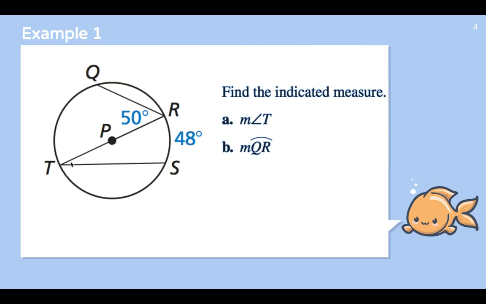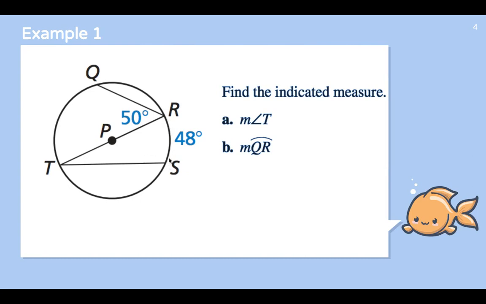Well, where is angle T? Angle T is right here, and they're talking about angle RTS. Well, this arc RS subtends that angle, and that angle is an inscribed angle. So we just learned that this angle's measure is going to be 1/2 the measure of this arc.